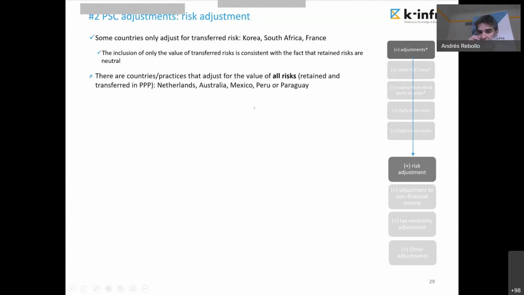However, unlike the CP3P guide, many countries are putting in the risk adjustments the value of the transfer risk and the value of the retained risk as well. But then the adjustment for retained risks should be incorporated as well in the PPP projections, obviously. And in the end, it's going to be neutral. Why? Because we want that information, basically.